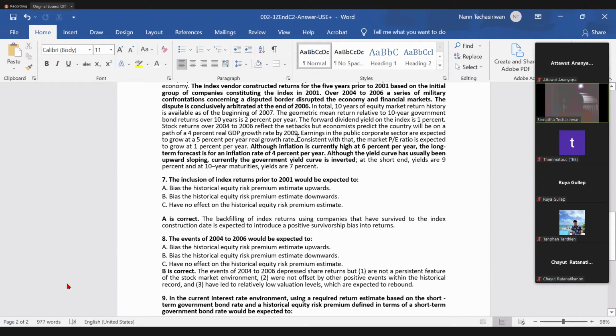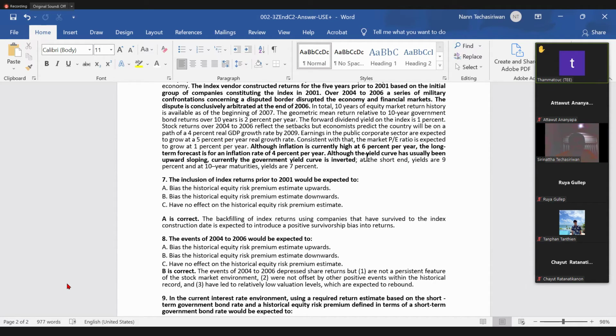So this is one of the key events in 2004 to 2006, and the other event is the inverted yield curve. So what is an inverted yield curve? Any student want to explain to the class what an inverted yield curve is?